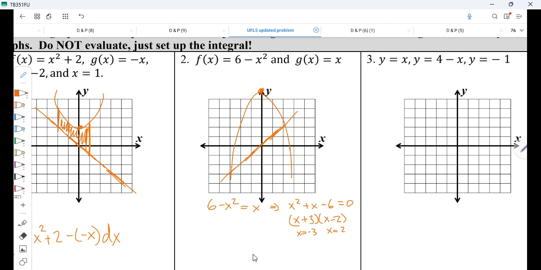So actually I didn't do too bad with my drawing. This is 2 comma 2, because the function is g of x equals x. And this is the point -3 comma -3.